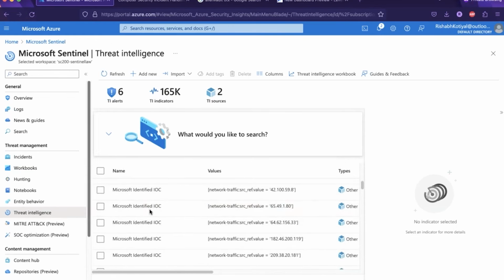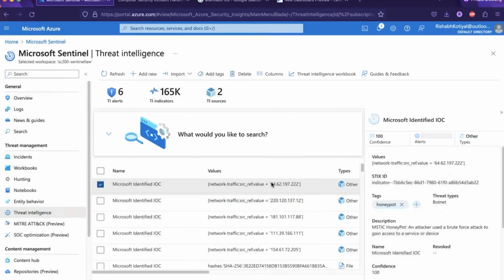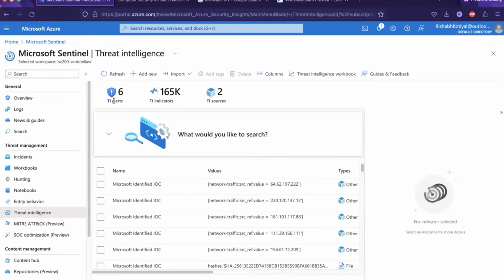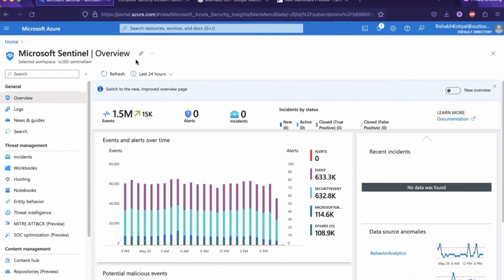As I went ahead, I integrated it, and you can see some of the resources are part of it. In the last 24 hours there are no alerts and no events going on, so this is one part.